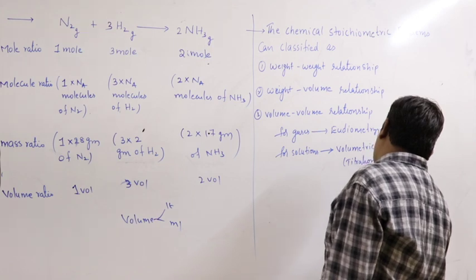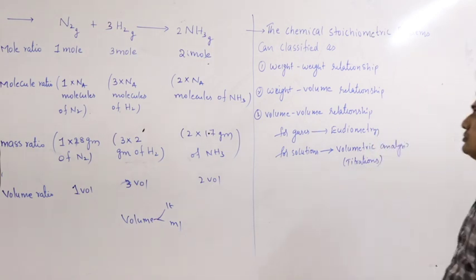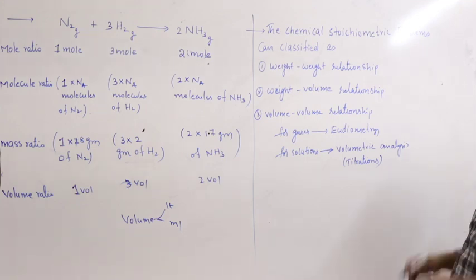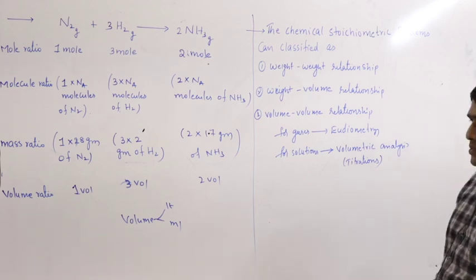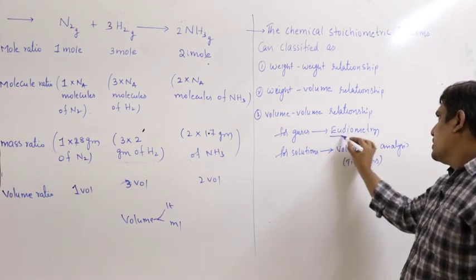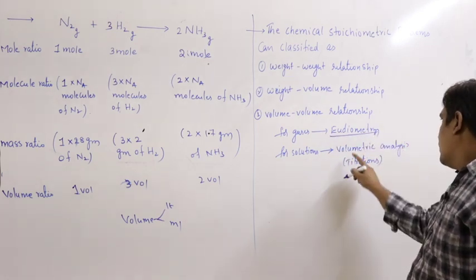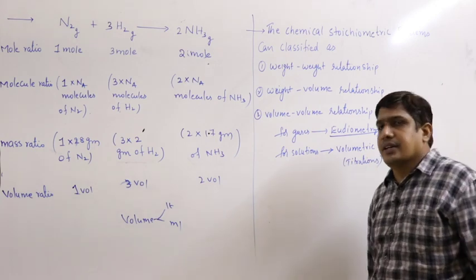We study them separately at the end. So weight-weight relationship based problems, weight-volume relationship based problems, volume-volume relationship based problems. Here we will study iodometry next, and volumetric analysis at the end.